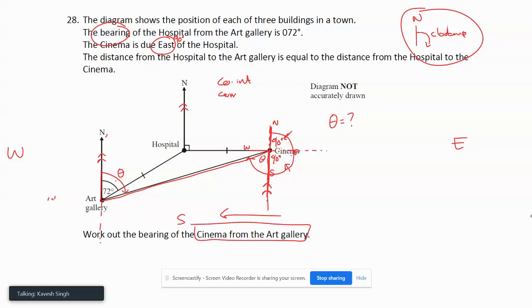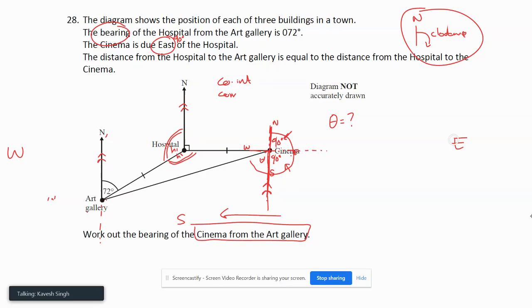And if this angle is 72 degrees, we can also then find the next angle. So let's go on an angle trip. Okay, we're going to first find out this angle here, and let's call it H1. And then let's call this angle H2.